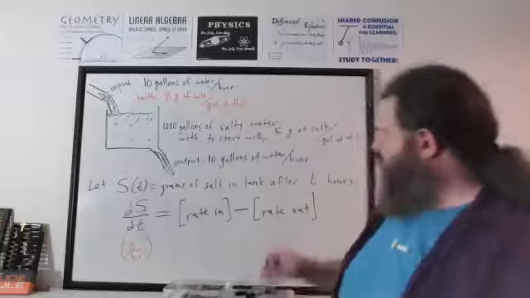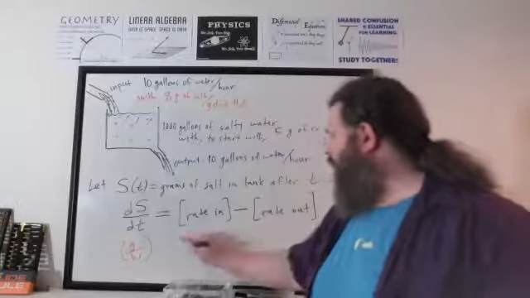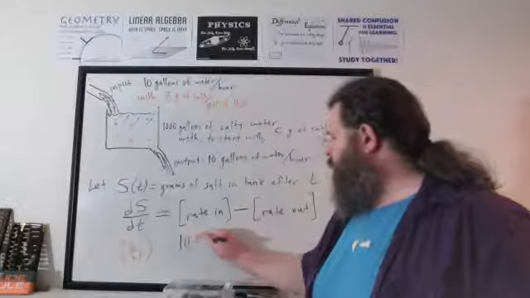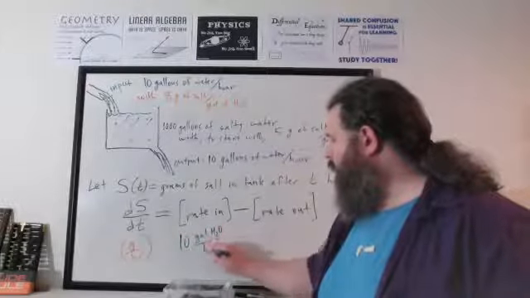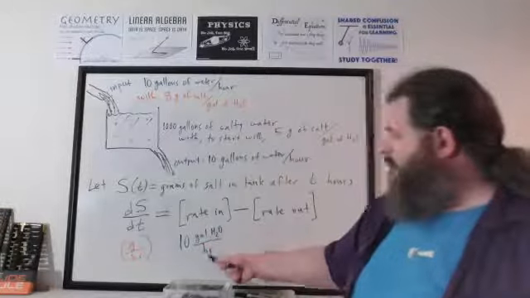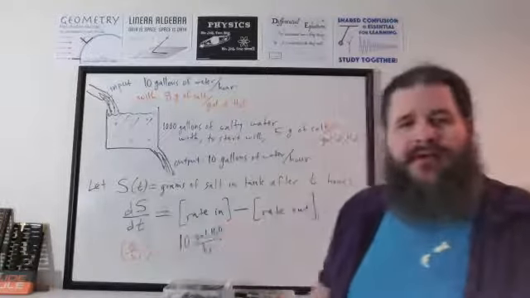So if we write that out, we've got specifically 10 gallons per hour. And I'm going to fill in gallons of water per hour. What would we have to multiply that by to get grams of salt per hour instead?